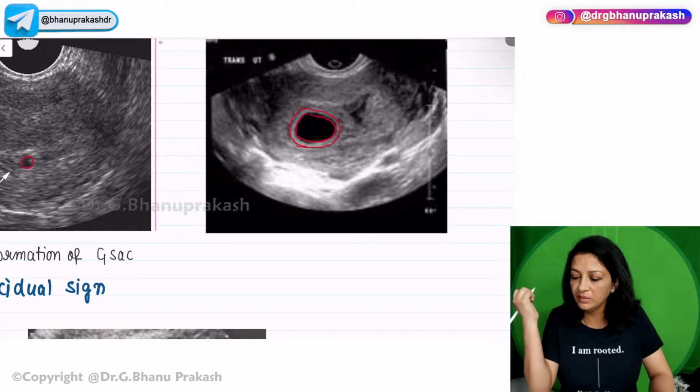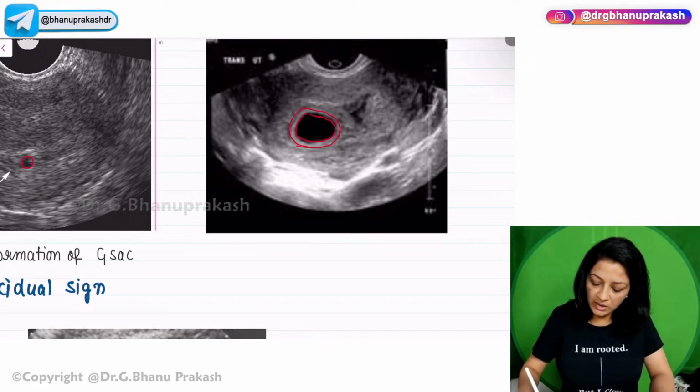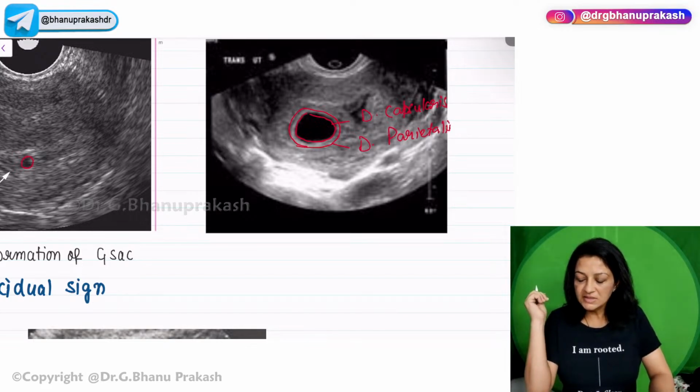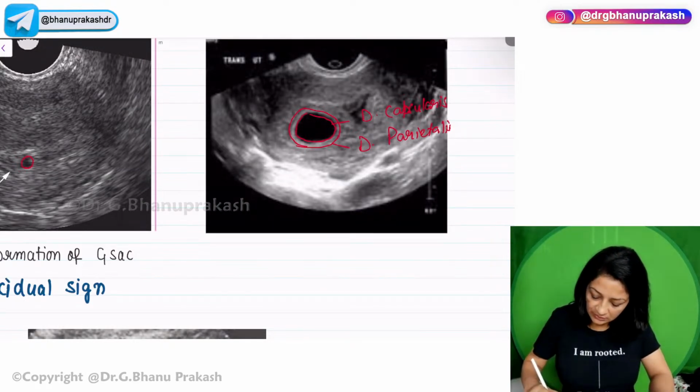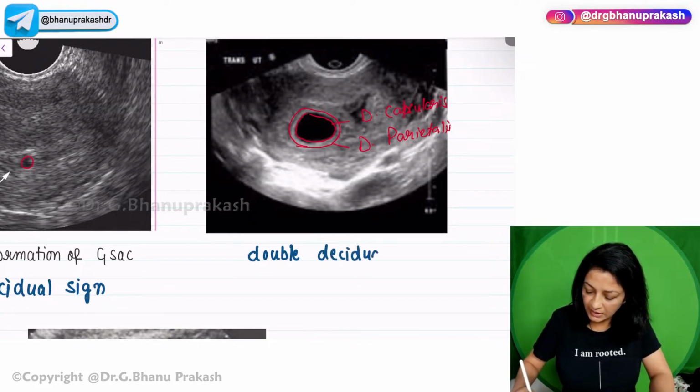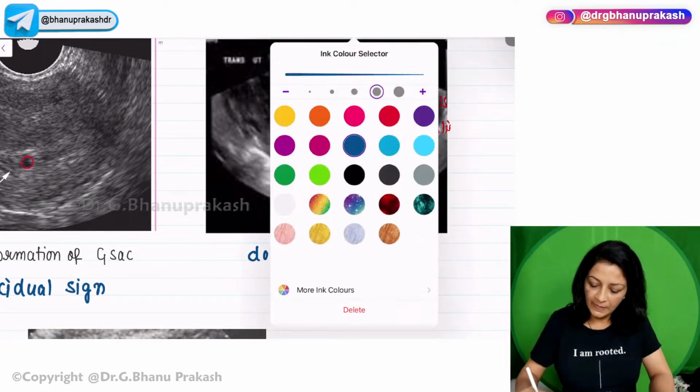The inner one is decidua capsularis, and the outer one is decidua parietalis. So which sign is this? The second one is the double decidual sign, the double decidual sign of pregnancy on ultrasound.